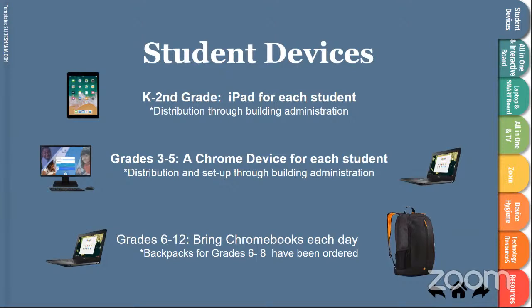They have been ordered, and when those come in, they will get shipped to schools. Students in grades 9 through 12 were given backpacks when they got their carry model Chromebook, so they should still have their bag to transport their device to school and back home. This we know is a big concern of teachers, so we've worked to be able to supply devices so that each kid can have a device while face-to-face.